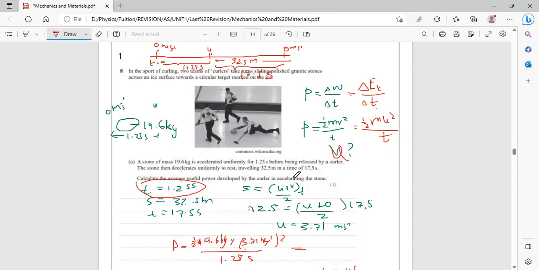Now you can use 3.71 to find the kinetic energy gained, half mv squared. And the time taken to gain this kinetic energy is the initial bit, 1.25. So that's where 1.25 comes in, not for the motion bit.